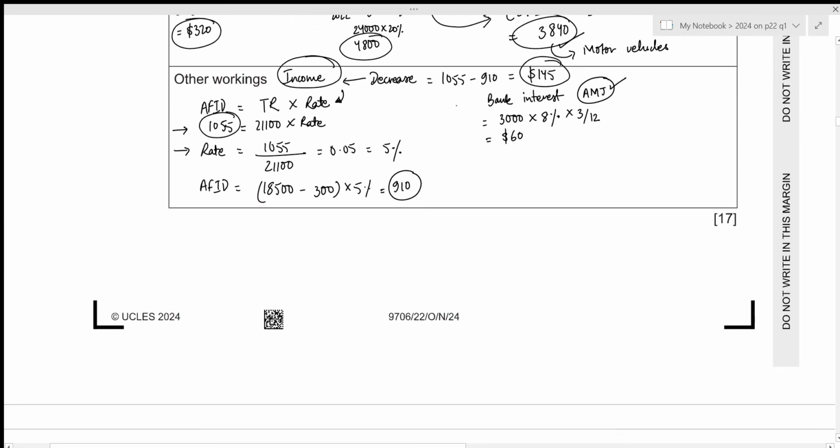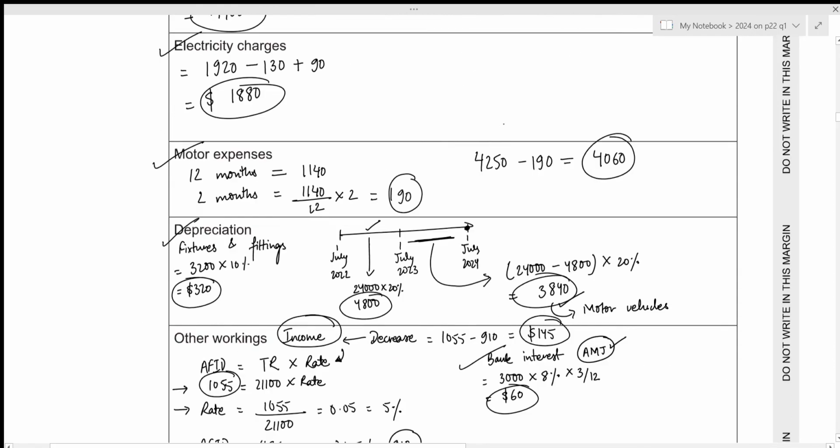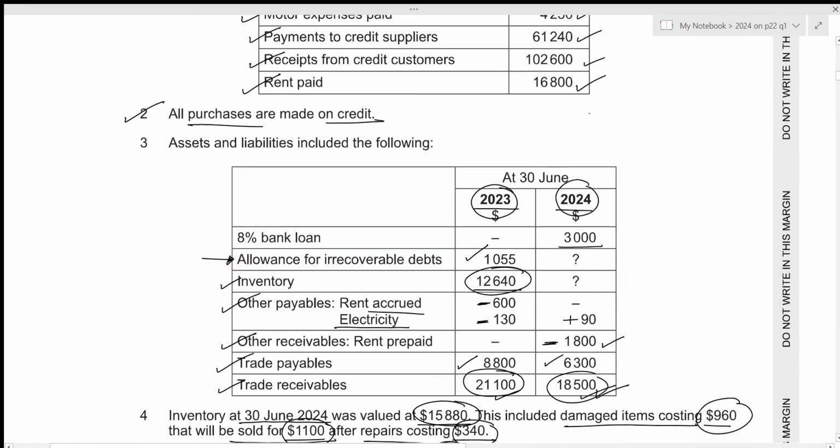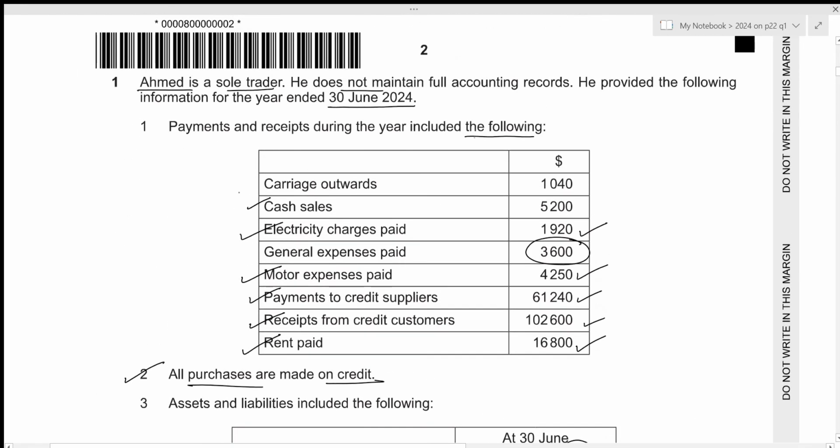Then what else we have? We have the bank interest of 60. Okay, then we have a few other expenses which needed no adjustment. The first one is carriage outwards of 1,040.